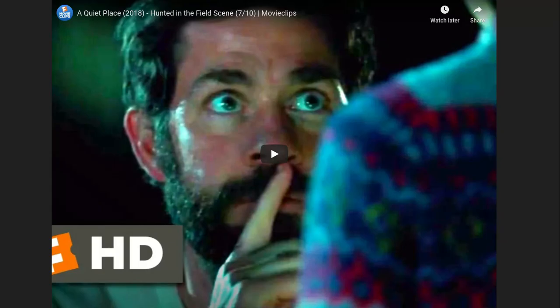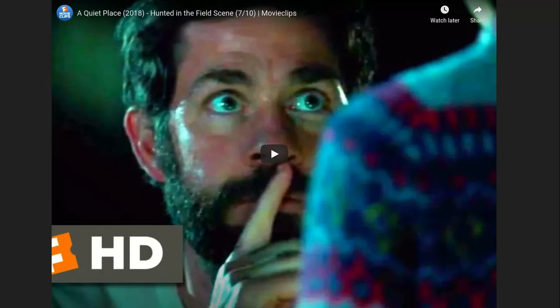Ultimately, authors and people who create movies have characters make really small, careless mistakes all the time throughout a horror movie or a horror book for the purpose of escalating the problem and making things worse, and having us as the audience be like, oh, what is wrong with that character?